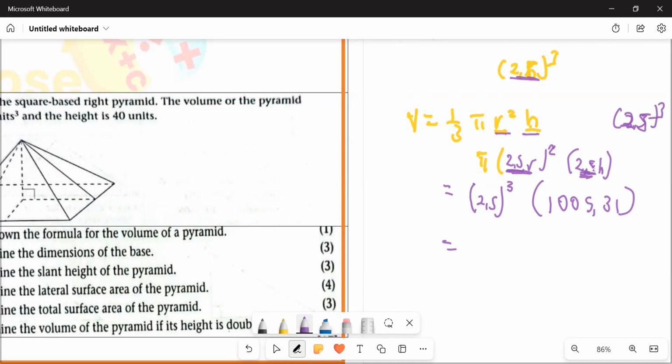And then the old volume is still going to be exactly the same, multiplied by this 2,5 all cubed. What you get if you type this in is 15,797 pi. And then this is going to be centimeter cube.